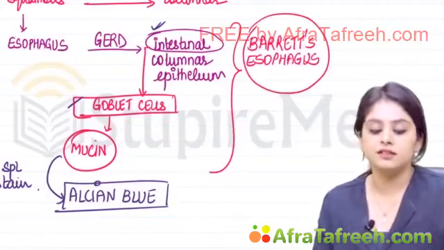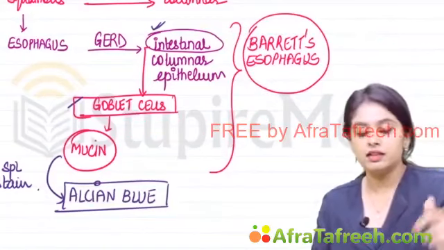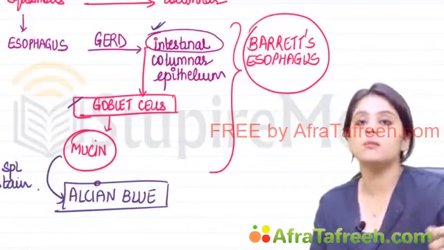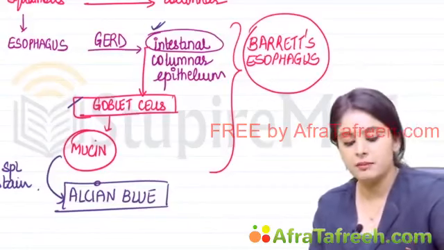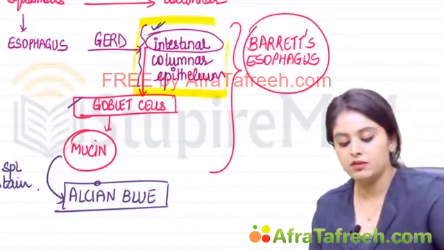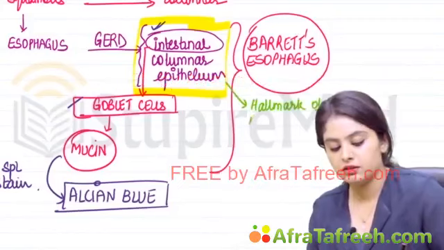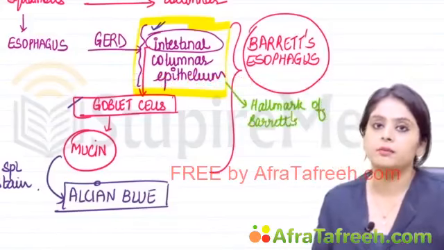So Barrett's esophagus is conversion of squamous to intestinal columnar. If someone asks you what is the hallmark of Barrett's esophagus, remember this epithelium. This remains the hallmark of Barrett's esophagus. Hallmark of Barrett's is intestinal columnar epithelium.